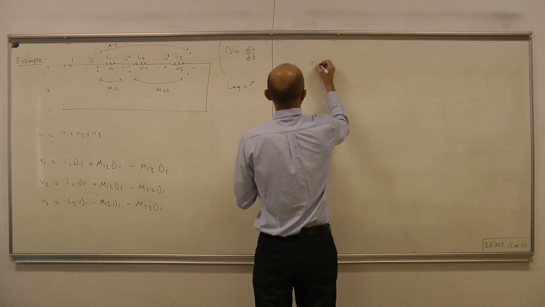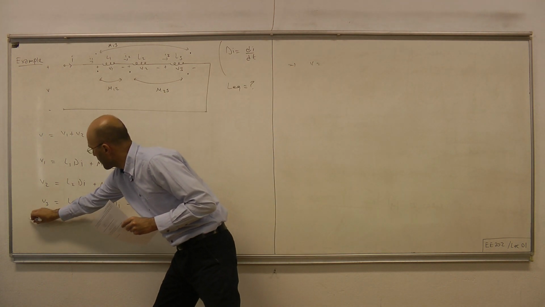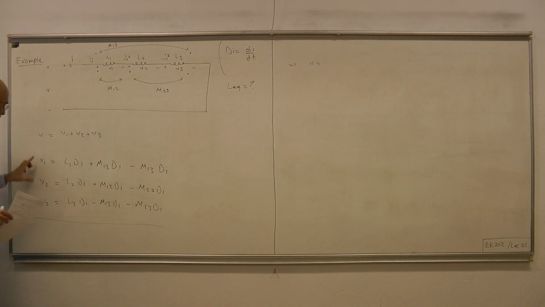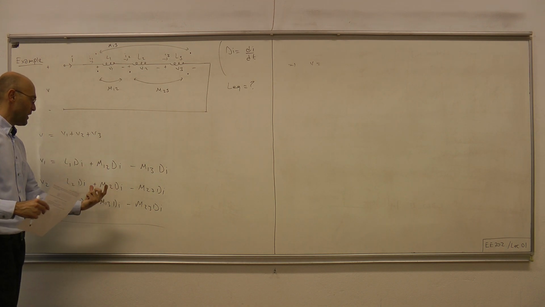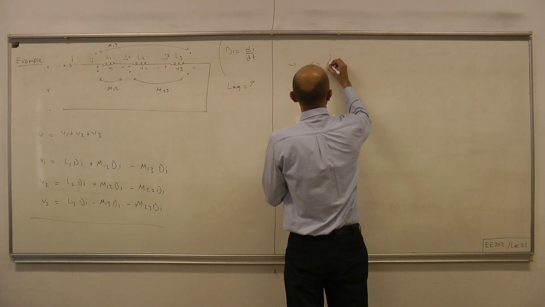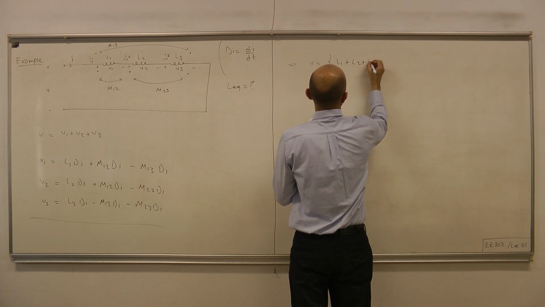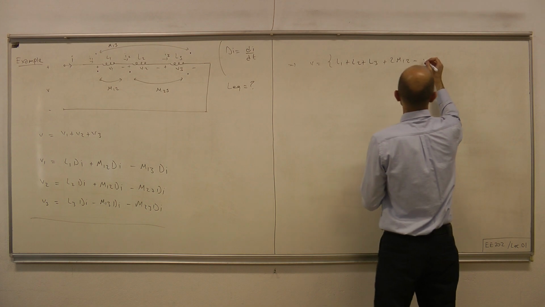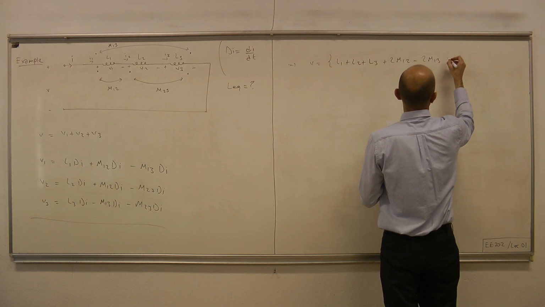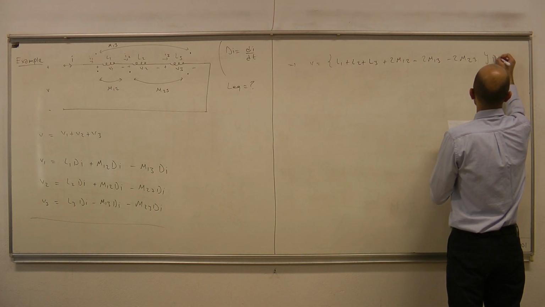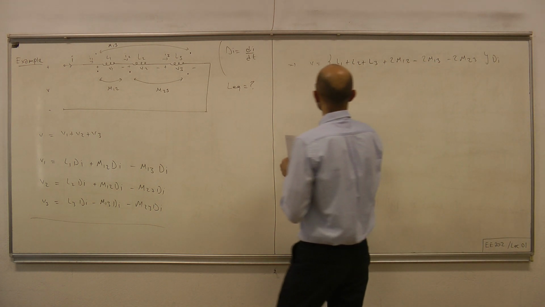So we have, therefore, V equals, we're summing all those three equations. On the left hand side we have V1 plus V2 plus V3, which is no other than V. And on the right hand side we will have something times di. And that something turns out to be L1 plus L2 plus L3 plus 2N12 minus 2N13 minus 2N23, times di.